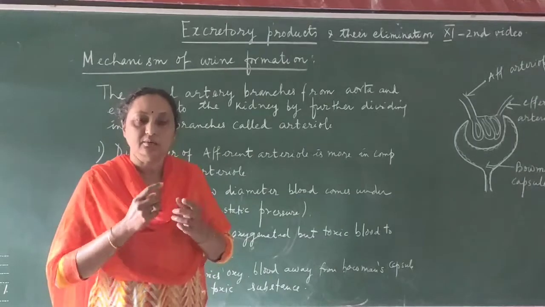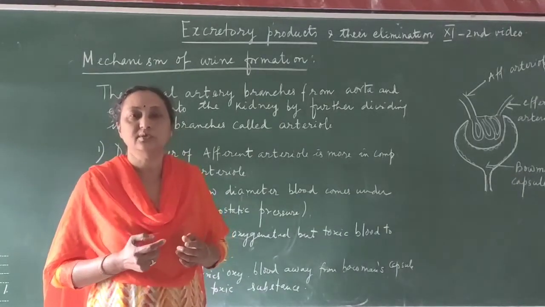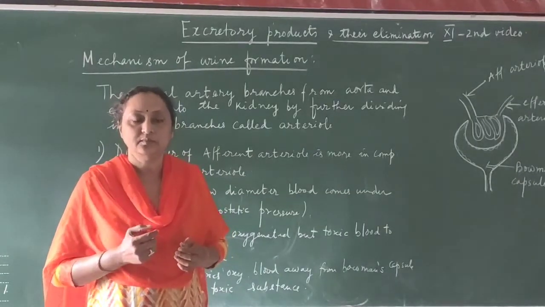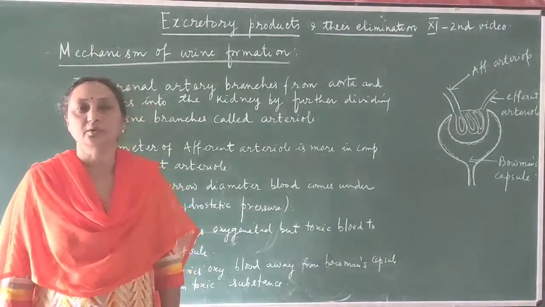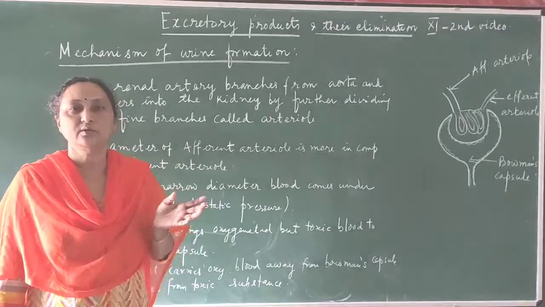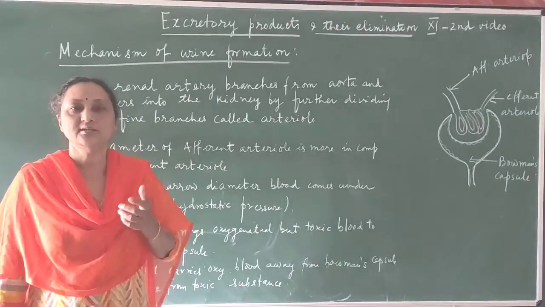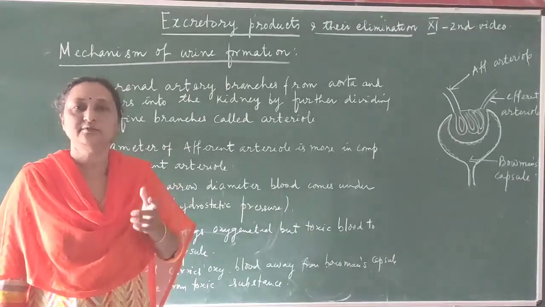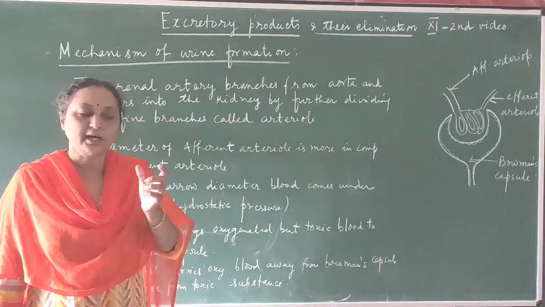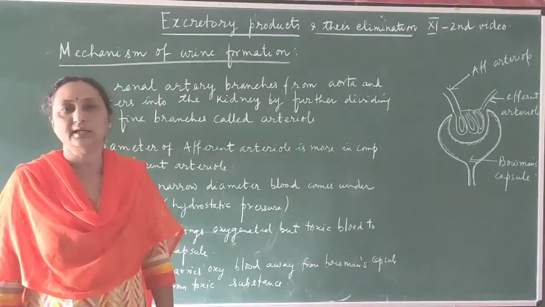One of the branches of the aorta is known as the renal artery. Aorta is the largest artery and it carries oxygenated blood to different parts of the body.